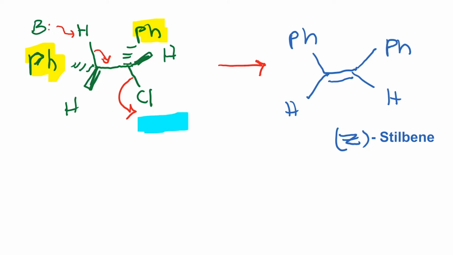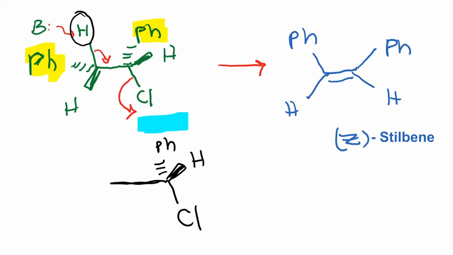So let me draw this out: we have phenyl, hydrogen, Cl, and this is the carbon-carbon bond. Now when I do the rotation, I'm going to move this hydrogen further down, and the phenyl ring is going to be over here. So this hydrogen goes here and this hydrogen goes here. You will notice that this is just a carbon-carbon bond rotation, so there's nothing magical in this. It can happen very nicely at room temperature.